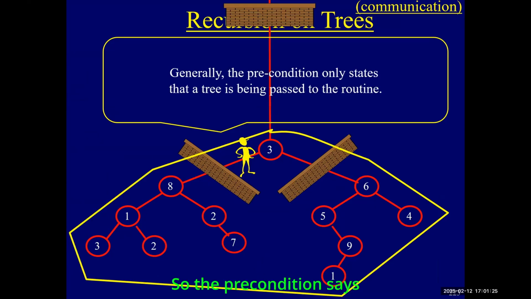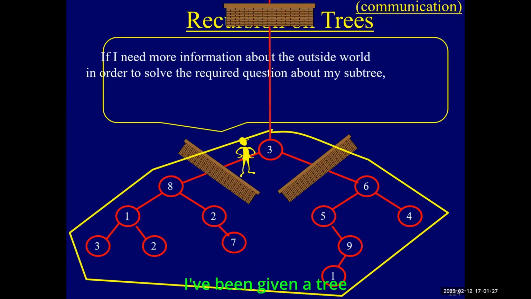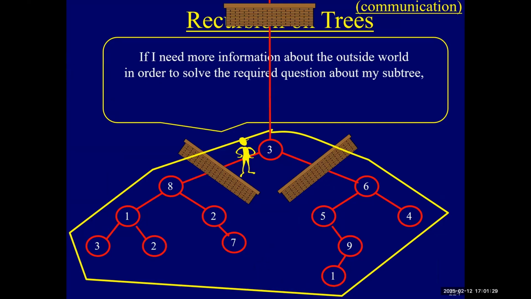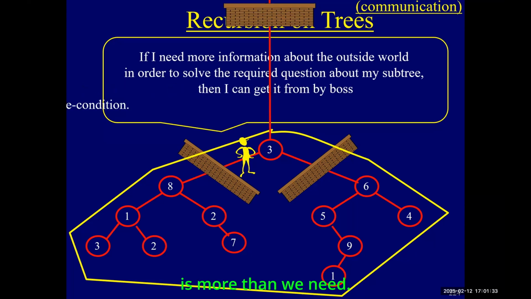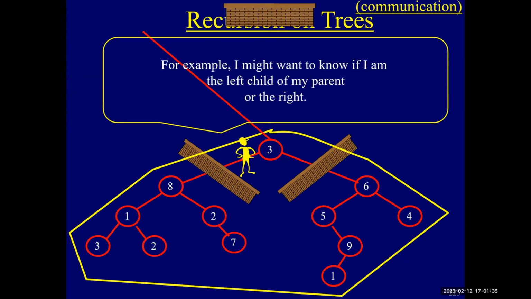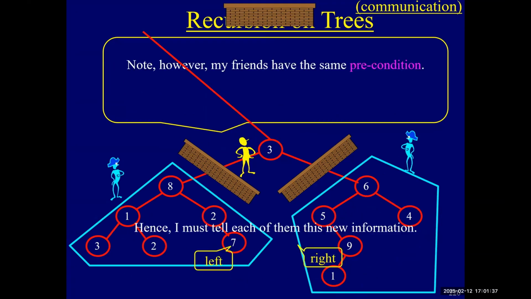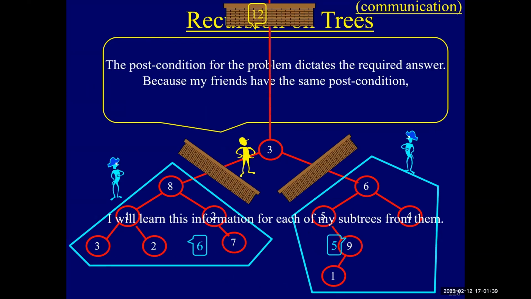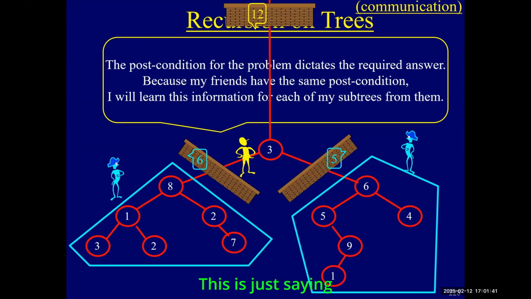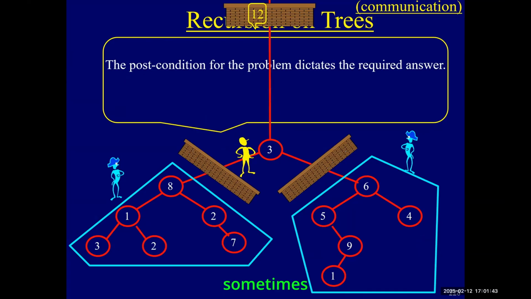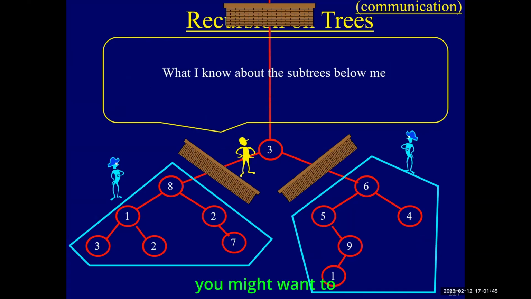So the precondition says I've been given a tree and I need to return some information. This is just saying sometimes you might want to give your friends extra information.